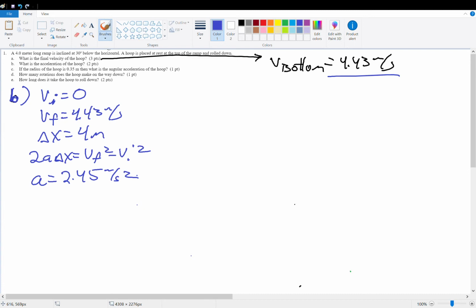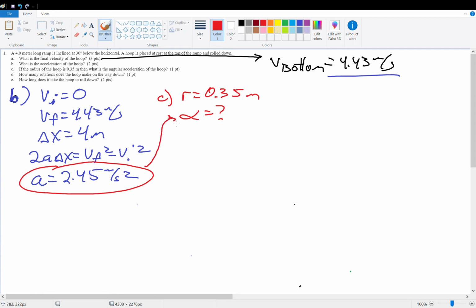All right. Then part C wants us to find the angular acceleration. Part C tells us the radius of the hoop is 0.35 meters. Remember, anytime you know a linear or angular value and you're looking for the opposite counterpart, as long as you know your radius, you can use a jumper. Your jumpers are always linear equals angular times radius.